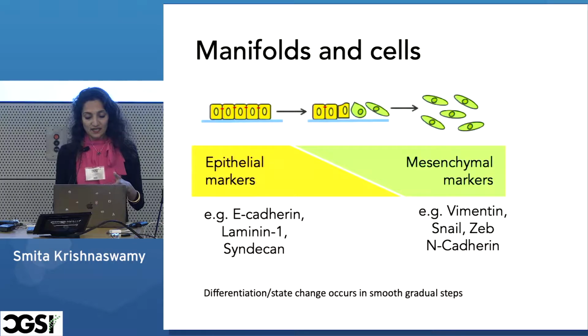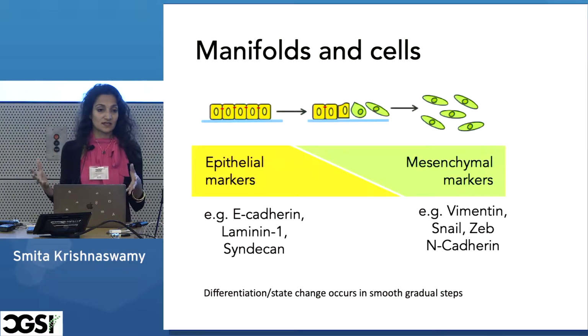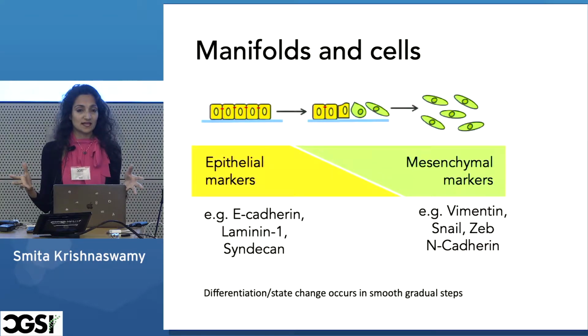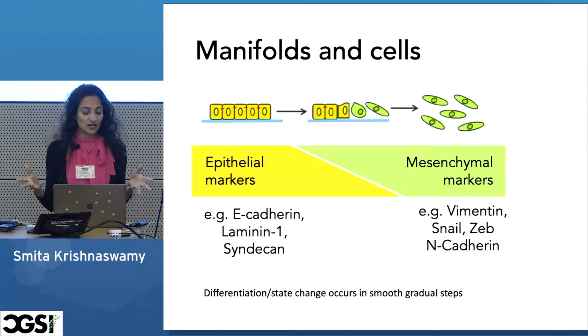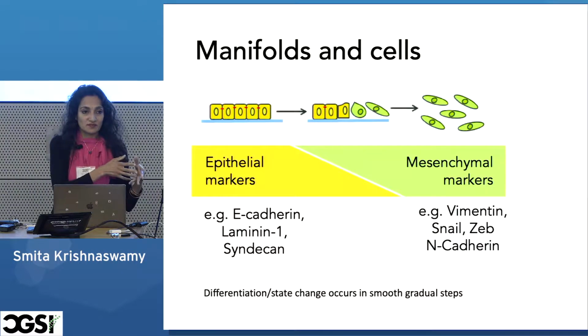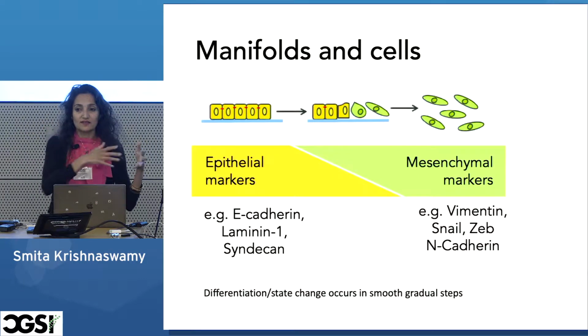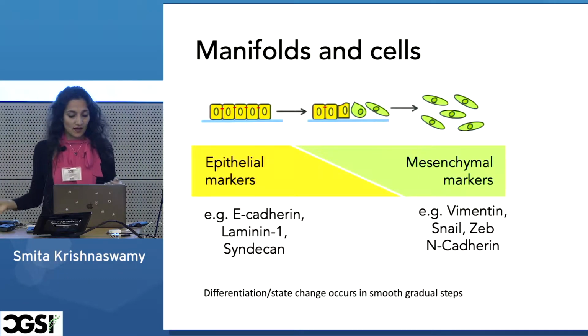And here, in at least one of the examples, I'm going to use a cellular system. Just to give you a little more insight on what the manifold structure might be here, we're going to use as a running example in the first part of the talk breast cancer cells that are undergoing an epithelial to mesenchymal transition. So they're going from epithelial to mesenchymal states, but the cells lie somewhere in this space of epithelial, intermediate, mesenchymal.